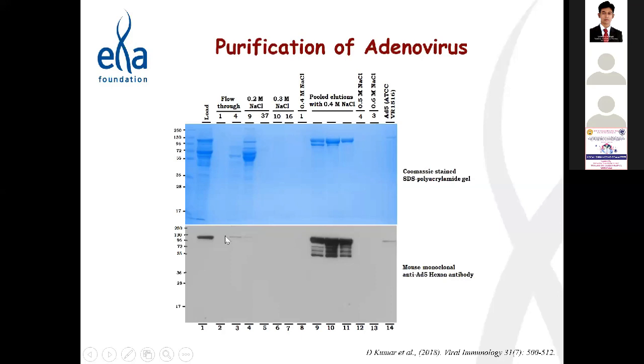We looked for the hexon in these samples, which are a pooled elution of 0.4 molar NaCl. You can see that the protein bands visible here in silver and Coomassie are in fact hexon. Similarly, the band visible in AD5 from the positive control is again hexon.